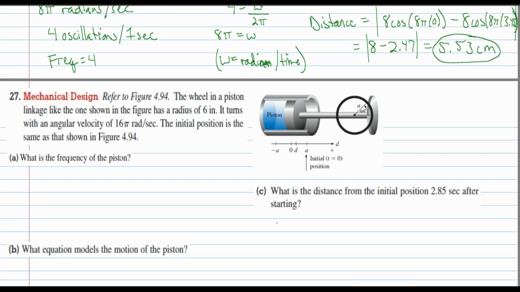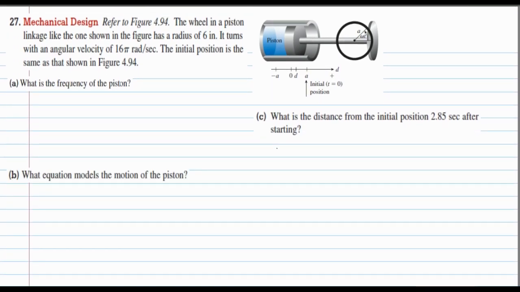The now try problem, number 27, is a very similar situation, just with different numbers. So we are still going to use the cosine formula. This wheel has a radius of 6 inches and turns with an angular velocity of 16 pi radians per second. So what is the frequency of the position?